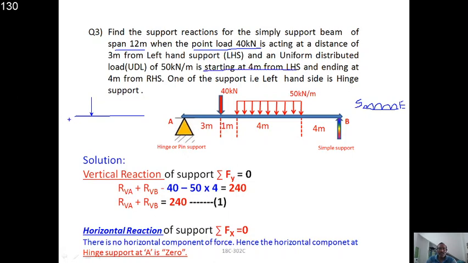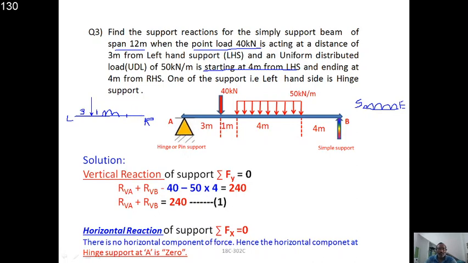So this is the left hand support and this is the right hand support. So from the left hand support it is starting at 4 meters. This is already 3 meters. So after 1 meter, that means a total of 4 meters. So 4 meters from that point the UDL is going to start, and it ends at 4 meters from RH. So it is ending at 4 meters from RH.